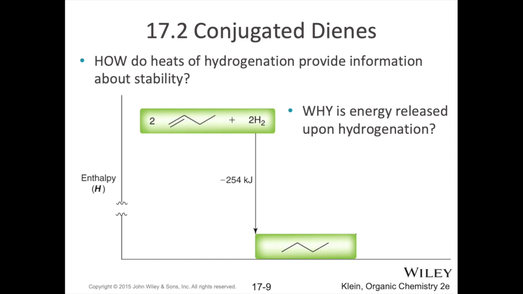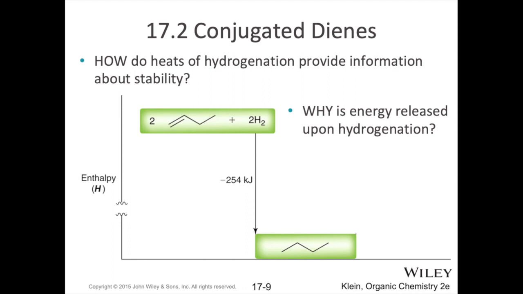And so in general, looking at the heats of reaction for certain types of reactions, you can kind of get a feel for how stable your reactant is, because the less stable it is, the higher in potential energy it'll be, and therefore the greater heat is released when it reaches that more stable product.